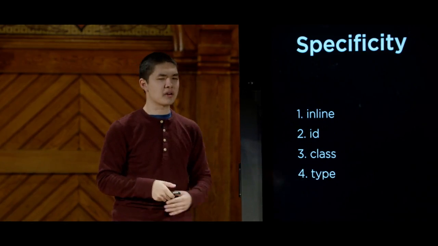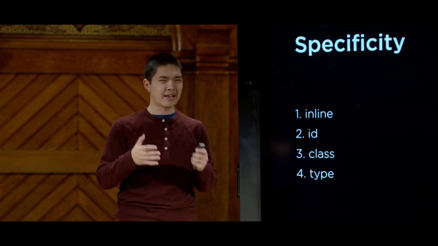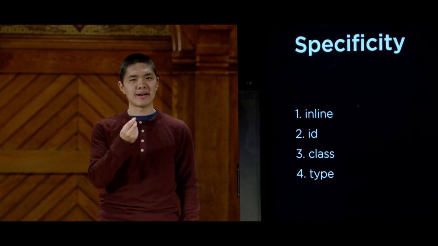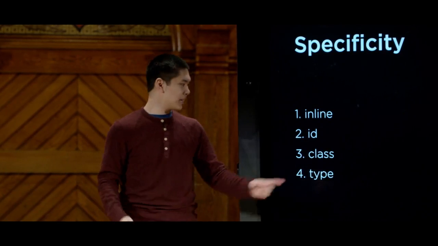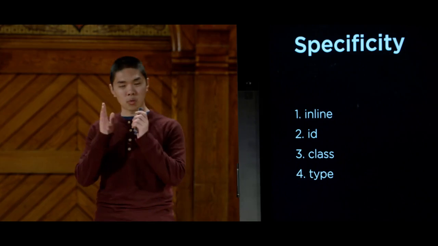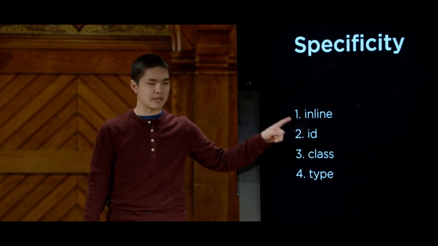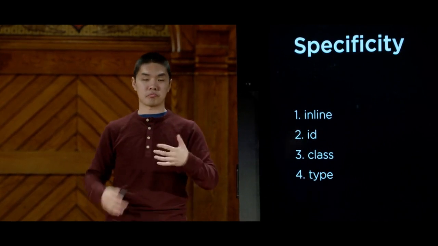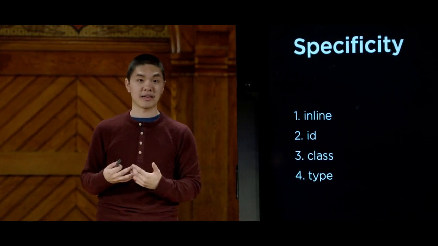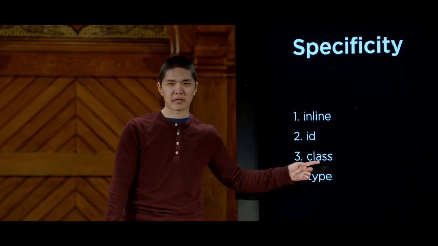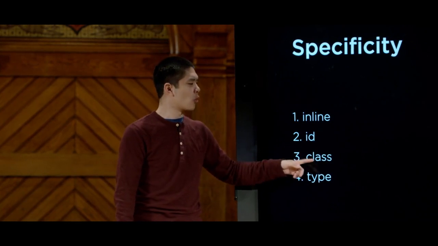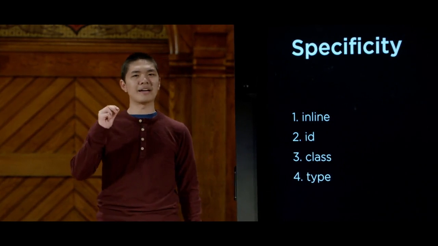After that, specificity goes in order of how precisely we are identifying an element. An ID is a unique way to identify an element. There's only one element with that particular ID. So if I've added style to a particular ID, that is going to be pretty highly valued in terms of how specific it is. Next, we look at classes. If there's no ID selector, we look for, did we reference the element by its class?